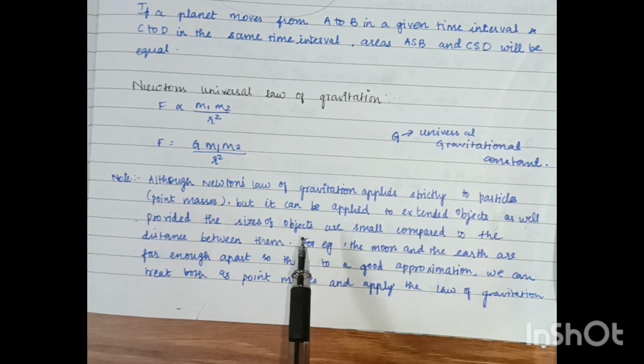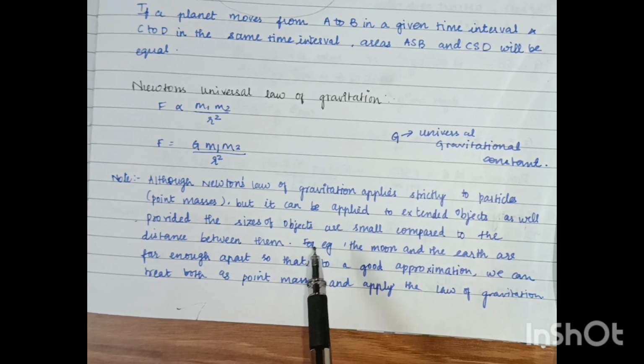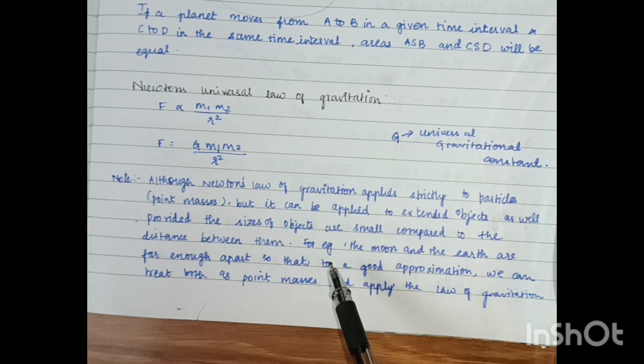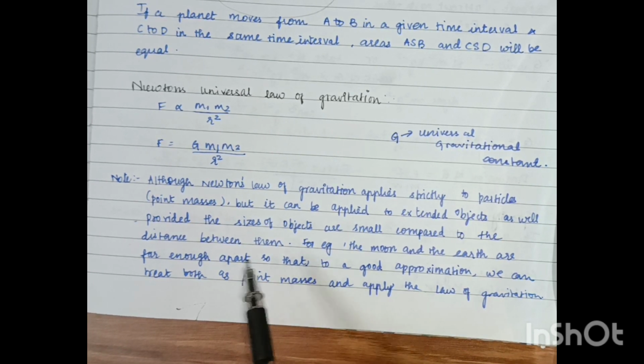So it is generally applicable to point masses, but it can be extended when the distance between them is very large. Even if the objects are not small, if the distances are large, then we can use Newton's law in those cases also.